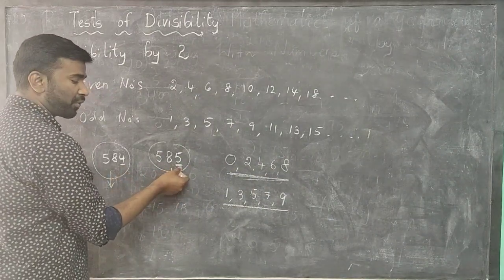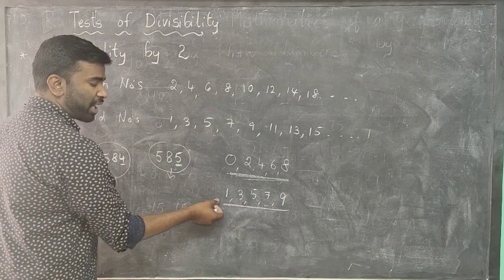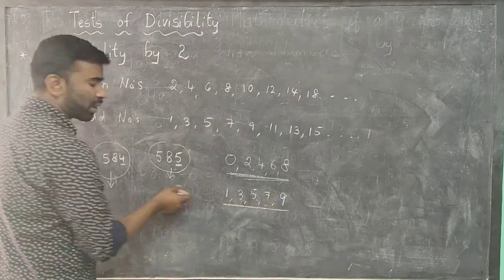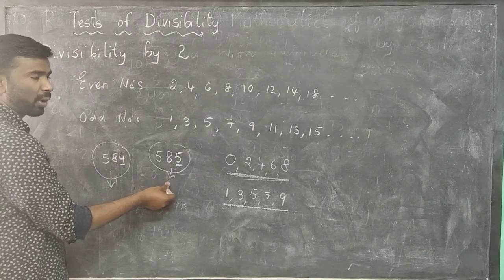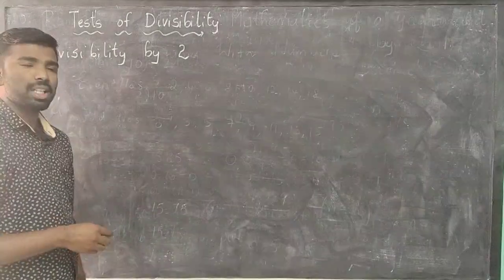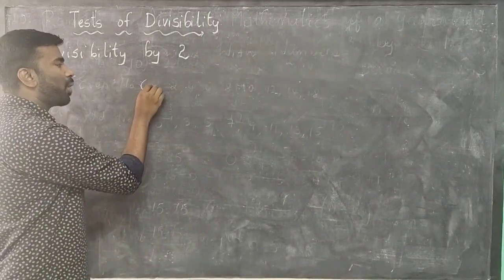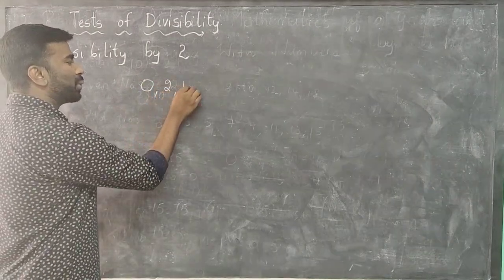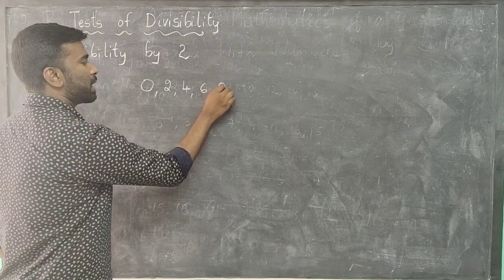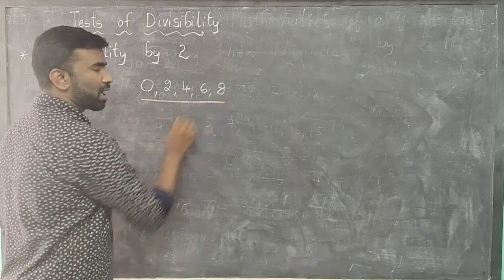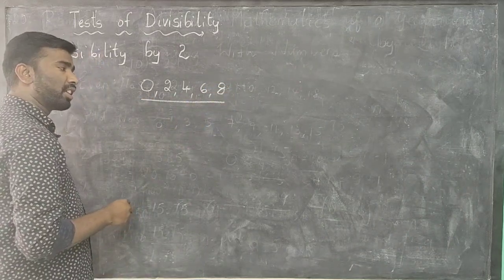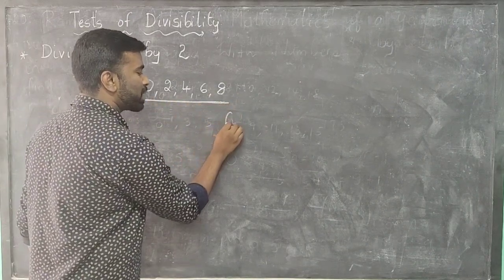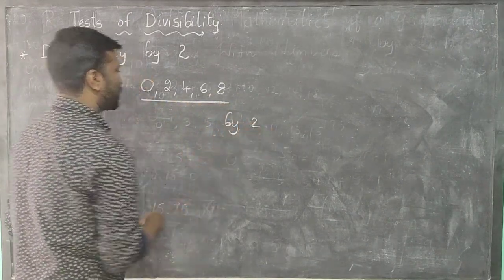If in place of the unit digit you find 1, 3, 5, 7, 9, those are odd numbers. Now, if in place of the unit digit you find 0, 2, 4, 6, 8, those numbers are even numbers. Otherwise, we can say that those numbers are completely divisible by 2.